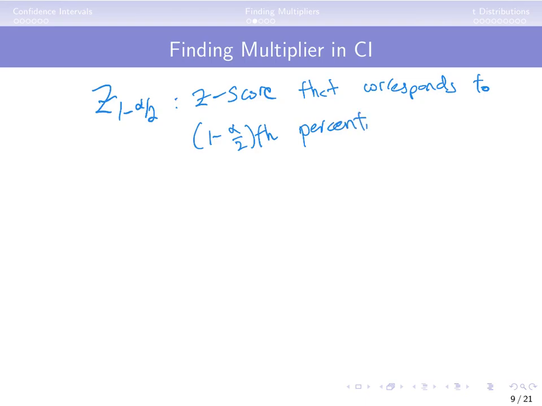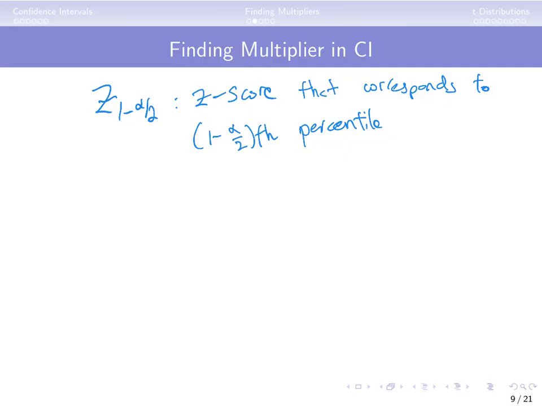So that's what this symbol represents. What I'm going to do is talk about why the formula for the confidence interval is the way it is. So let's work with this example over here.